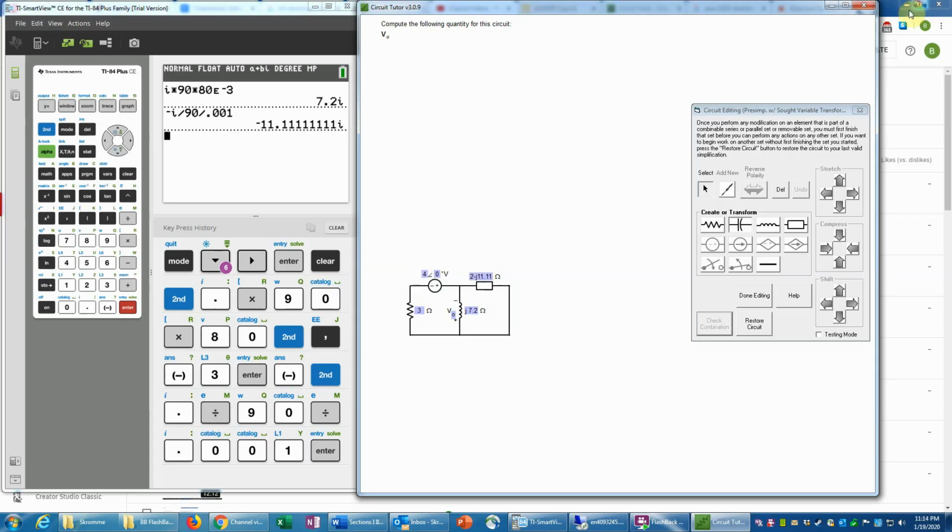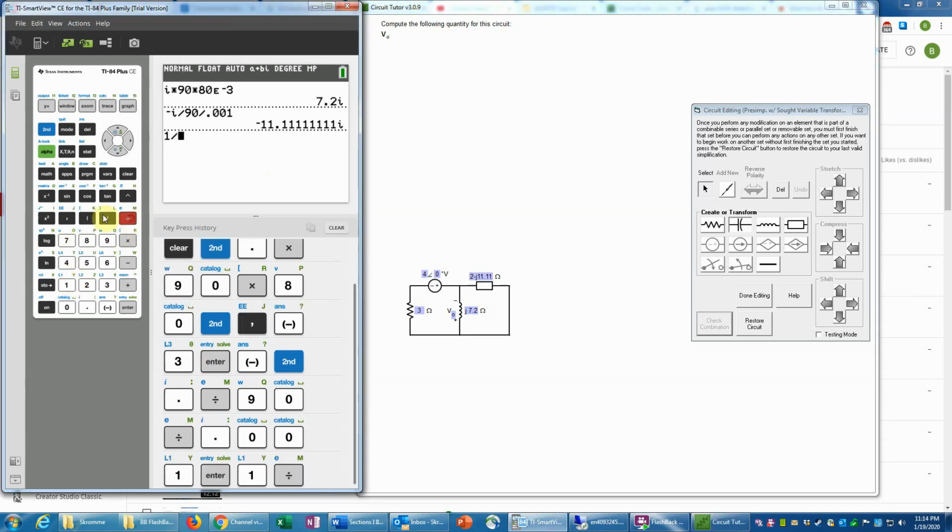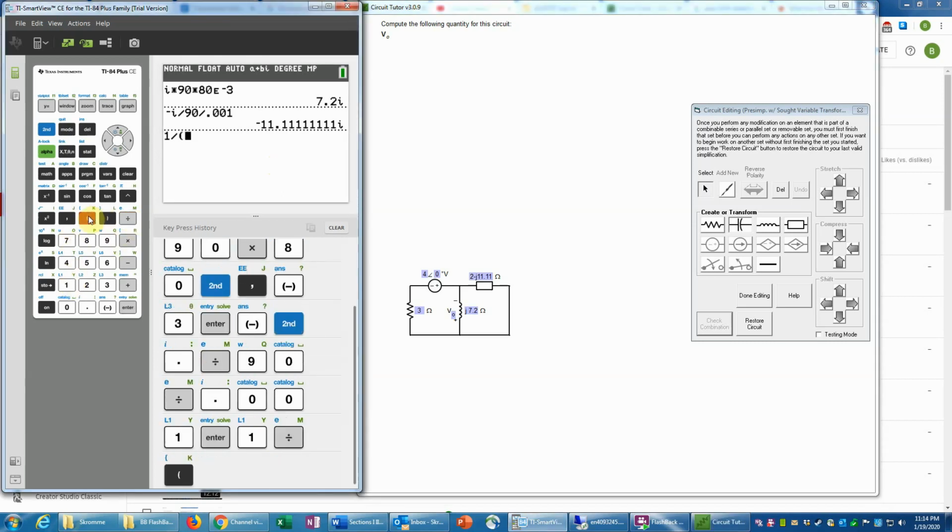So let's go back to the calculator. And now we have to remember that when you combine impedances in parallel, we need to take the reciprocal of the sum of the reciprocals of the individual impedances. So I'm going to enter 1 divided by open parenthesis for the denominator.